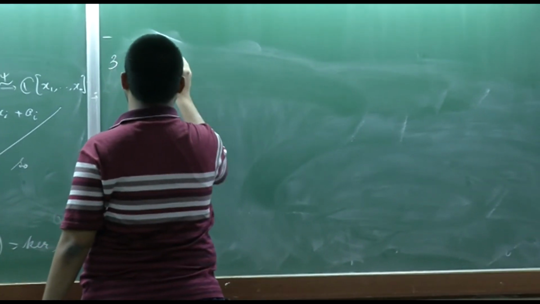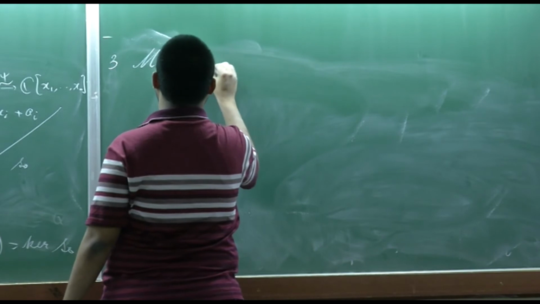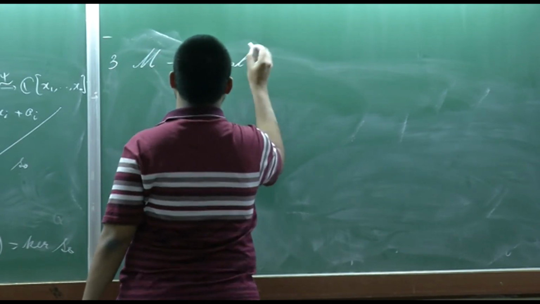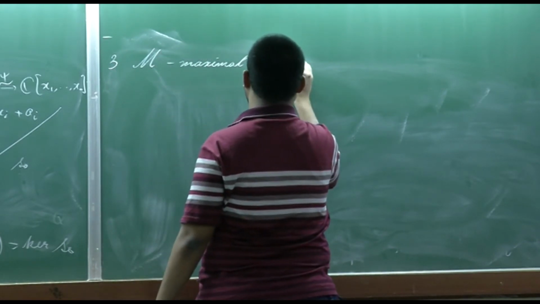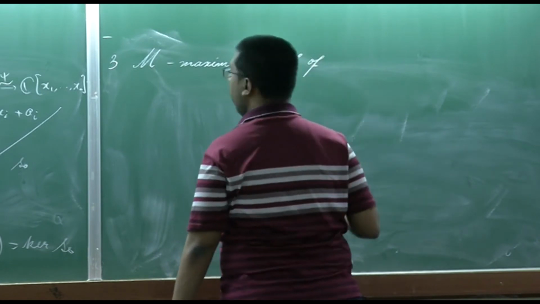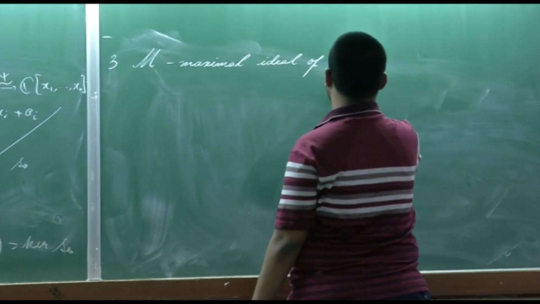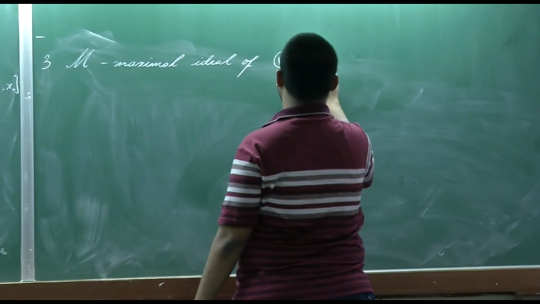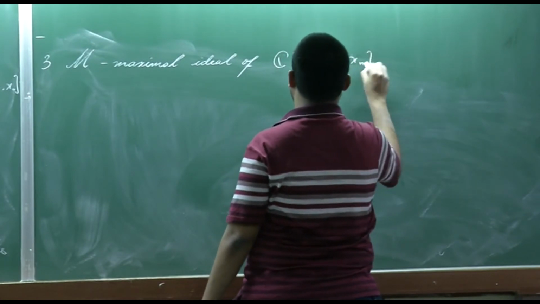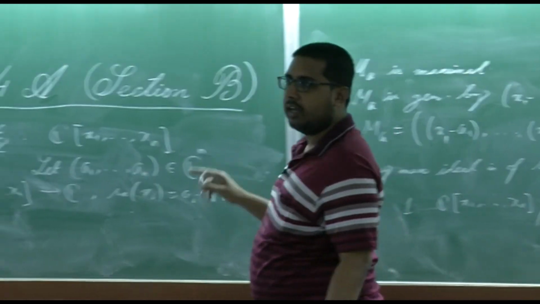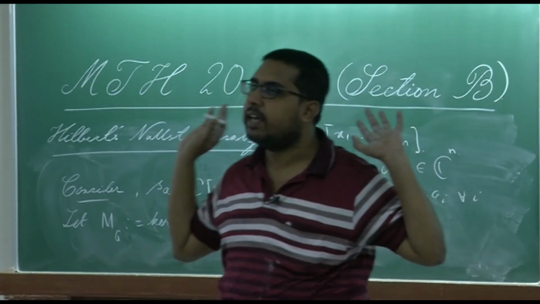So let M be a maximal ideal of this ring. We want to show that there exists a point a1 up to an such that the script M becomes M of a.